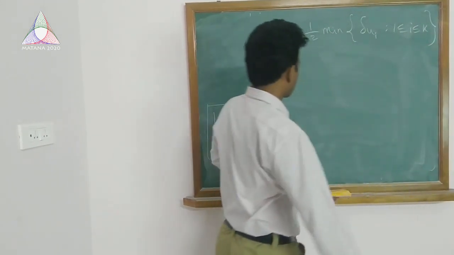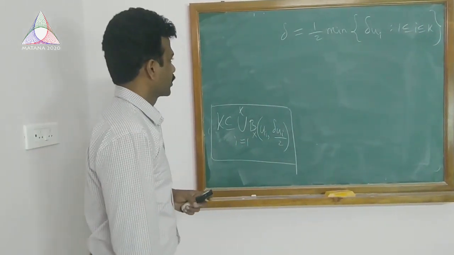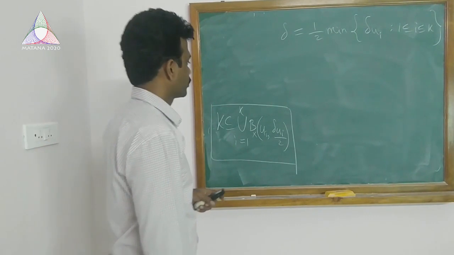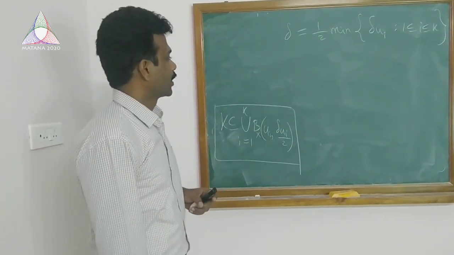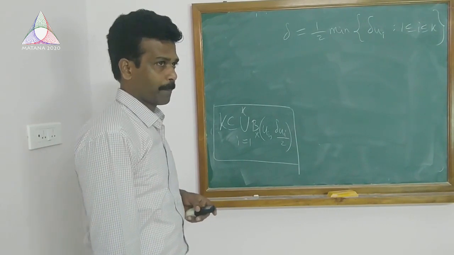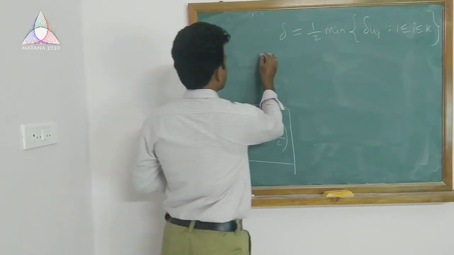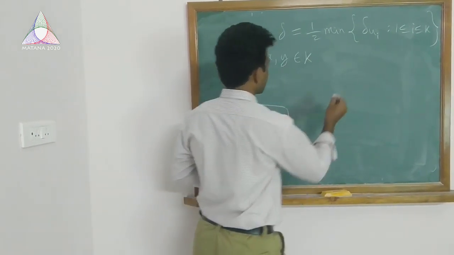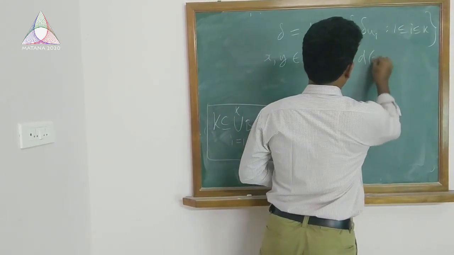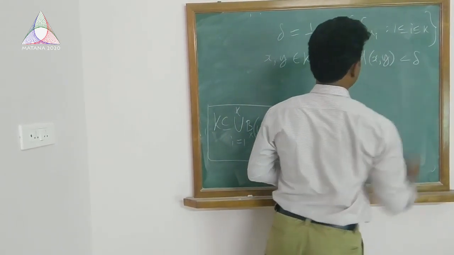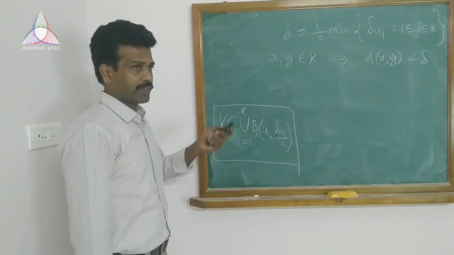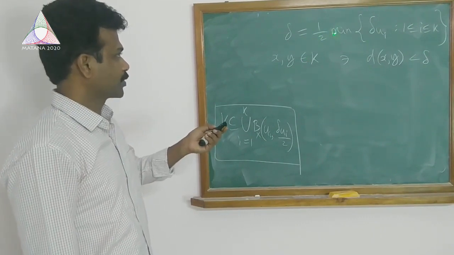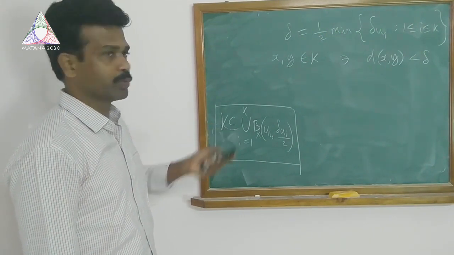Let us see whether this choice of delta is enough to say the function is uniformly continuous on K. So now we choose two arbitrary points x and y in K such that d of x comma y is less than delta. So these two points are in K, and the distance between them is less than delta, which is half the minimum of the delta u_i's.